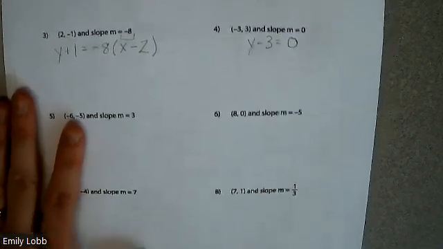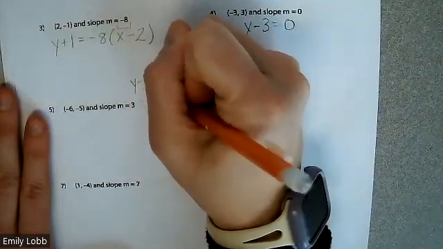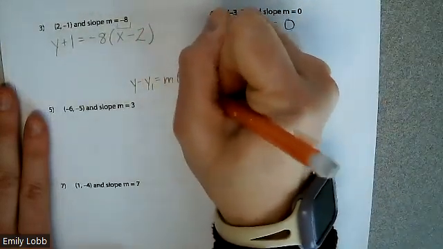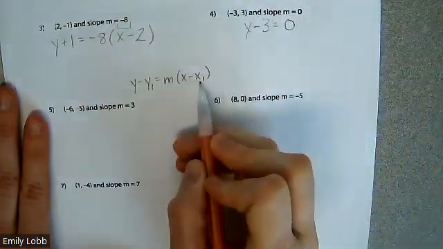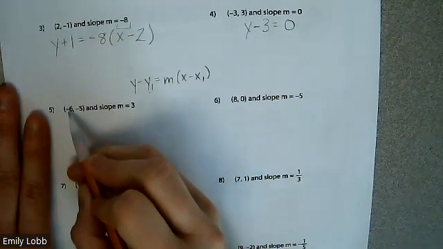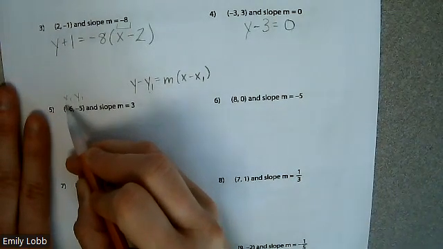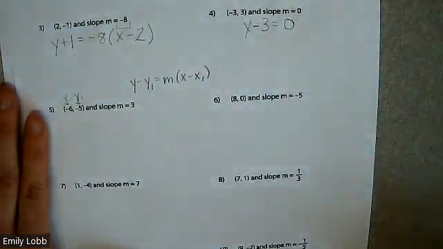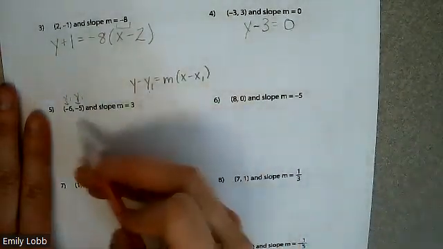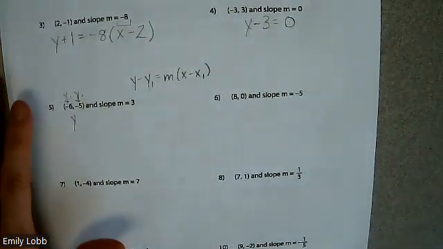All right, so if you need a reminder, y minus y1 is equal to our slope times x minus x1, where (x, y) is the point we've been given, right? This is x1, this is y1. Hopefully you guys are figuring this out. We're just plugging in numbers into this form. So why are we going to say plus 5 or minus 5 here?